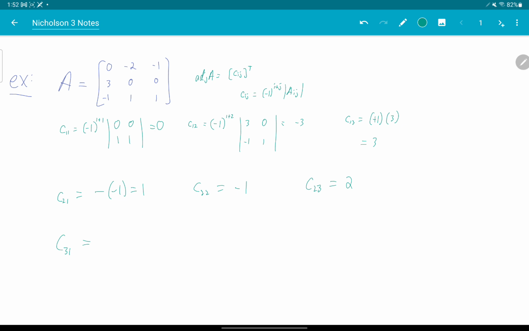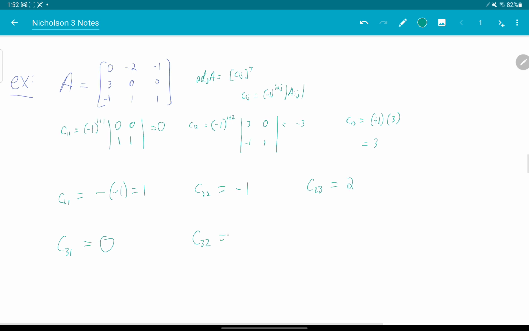C31 is 0. C32 is, let's see, I got a plus 3, but becomes a minus 3. So I've been doing this for a couple decades now, so I can do this in my head, but you will too with practice. So we get plus 6 for the last one.